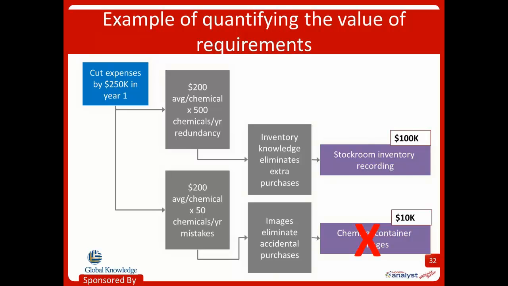The chemical container images are actual pictures of the chemical container. So maybe the lab assistant is requesting a chemical, and they can see in the system what that chemical looks like to make sure they're requesting the right thing. Now remember, our objective on this project was to cut $250,000 in costs. So keep that in mind for a minute.